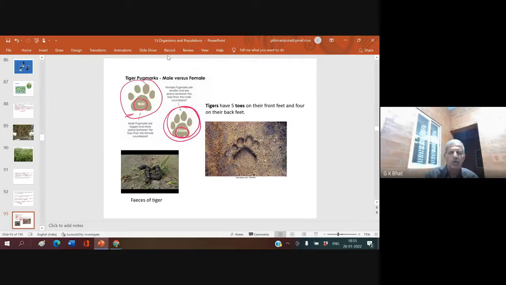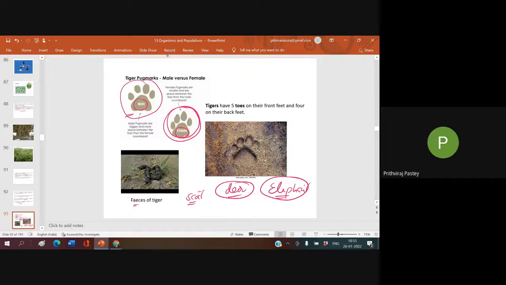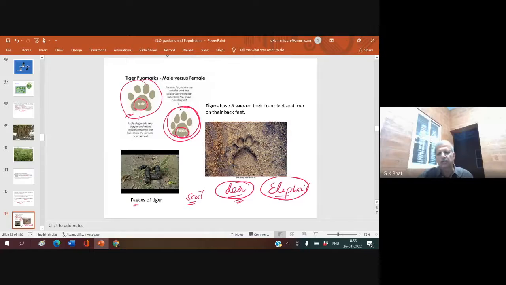Or if not possible, we can go for fecal matter, what is called feces. This is otherwise called scat. By looking at the fecal matter, can't you tell whether it is of a deer or of an elephant? Prithviraj, can you differentiate the fecal matter of deer from elephant?